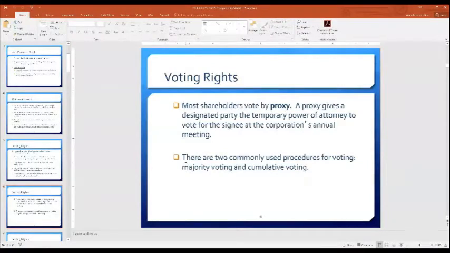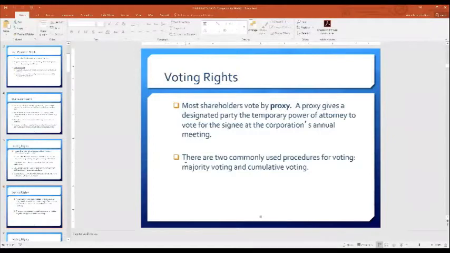Now, normally for the shareholders, since they cannot attend physically, they can vote by proxy. So normally a proxy gives a designated party a temporary power of attorney, okay, to vote. So meron tayo lagi na special power of attorney para may mag-represent on your behalf.